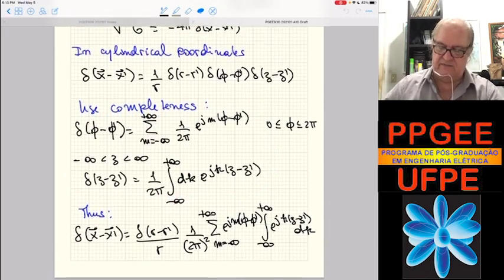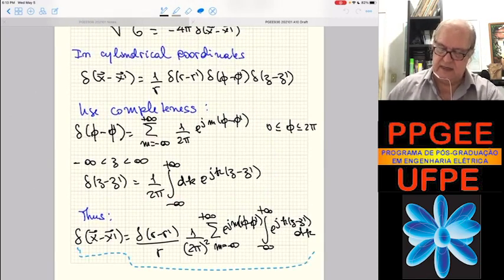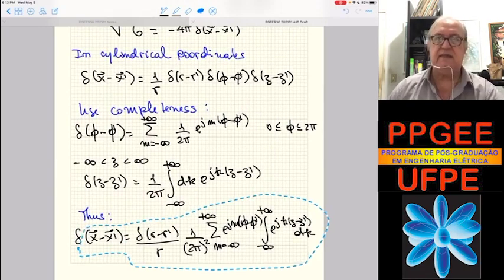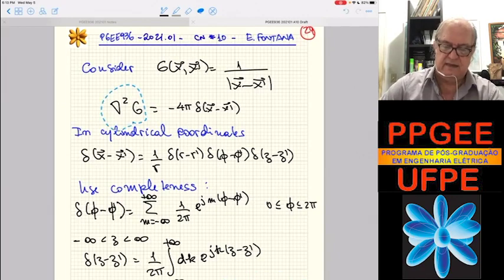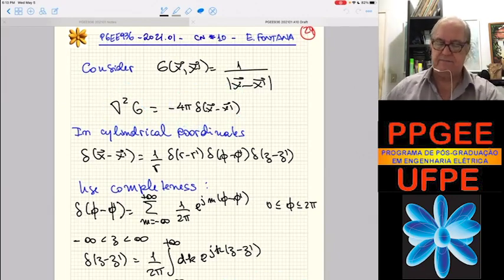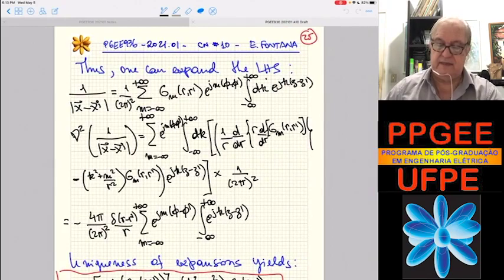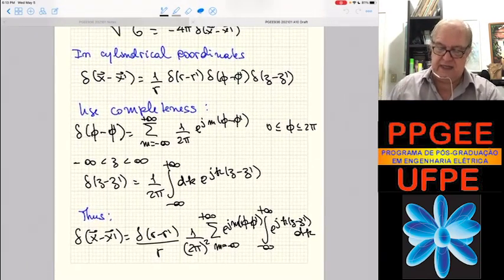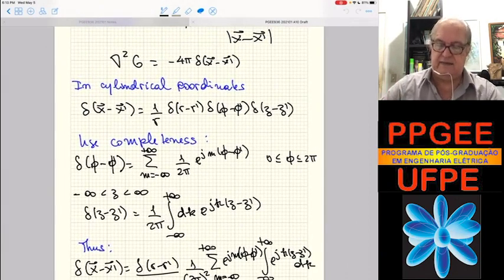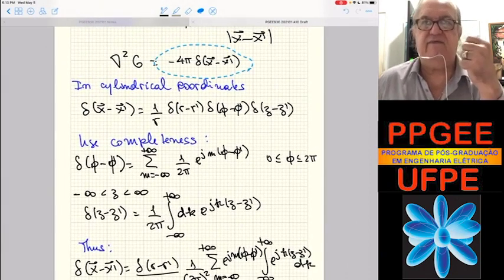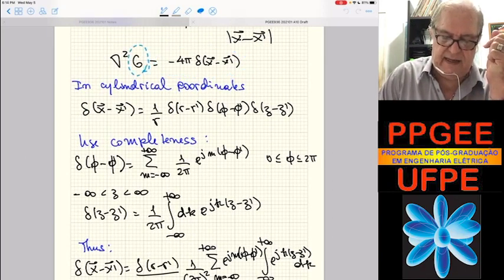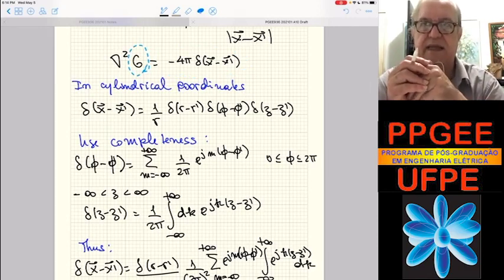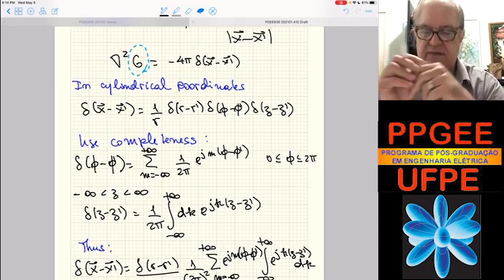So we can replace this part of the delta function by those expansions, right? So we have this form of the delta function, and then we plug this into the differential equation, which is the Laplacian of G equals that. Okay? So what do we have then? It means that if we have an expansion on the right-hand side in terms of variables phi and z, the function here can have a similar expansion with the same basis functions, right?